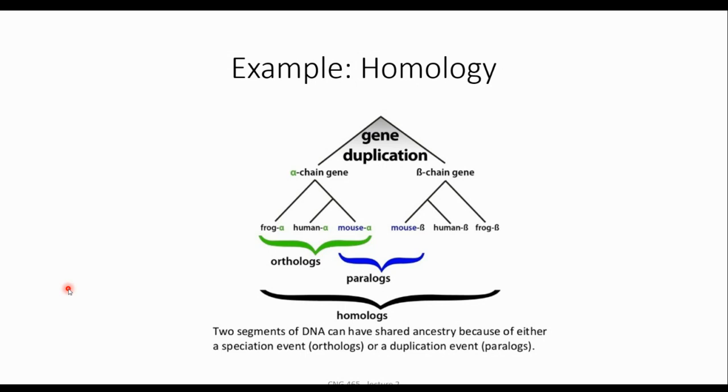This evolution happened so that we have different organisms, like human, fish, and mouse, but they have some similarities because they inherited some information from the same source, and that's why we know that there are some similarities between the genes of different organisms.